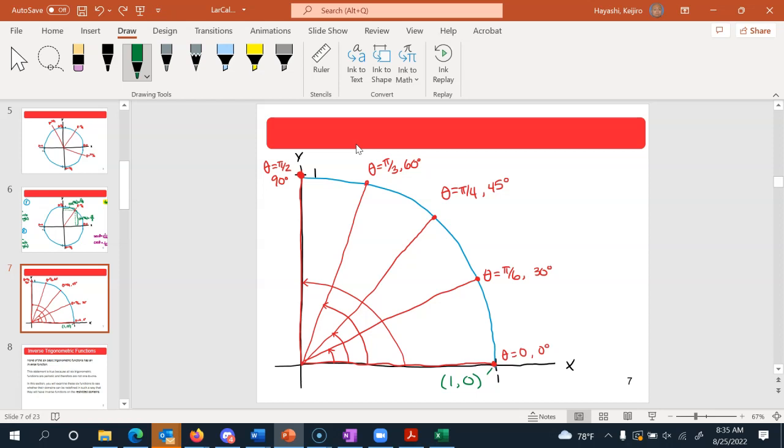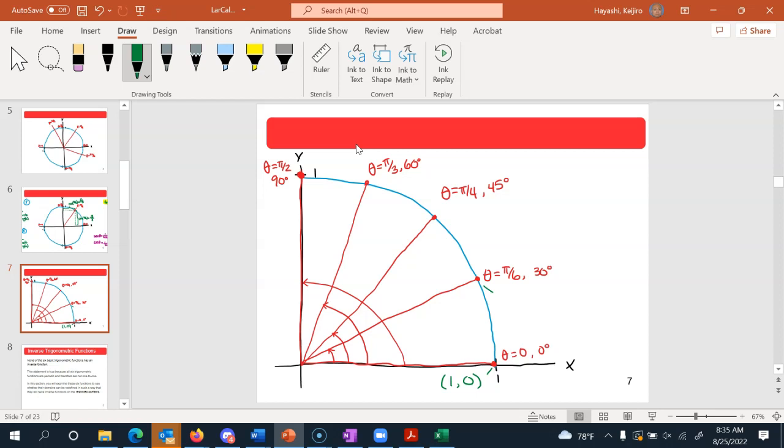So 1 is the x, 0 is the y. So the cosine of this angle is 1. The sine of this angle is 0. And the tangent of this angle would be 0 over 1, or just 0. And while I technically could write all that down, it would take up a lot of space, and you can get that information from the point being 1, 0 anyways.